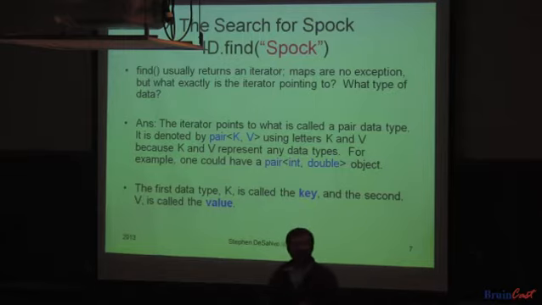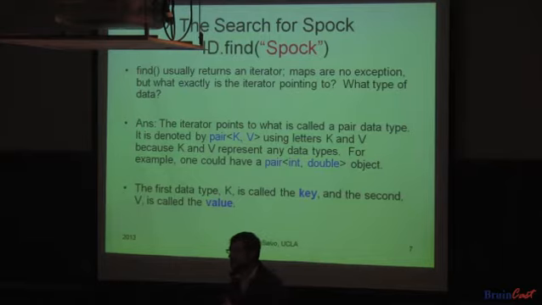A pair is quite literally a class with two public members called, guess what? First and second. Okay? So it is a class object that literally just consists of first and second public member variables. So a map is just a collection of these objects of type pair. Okay?